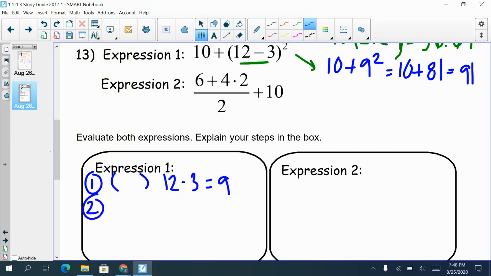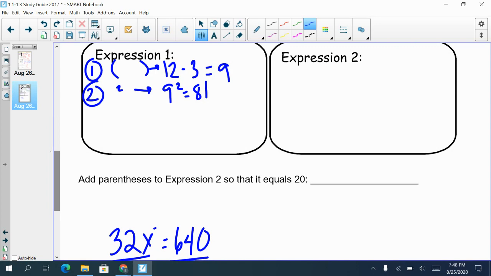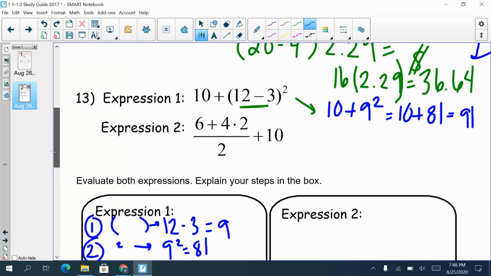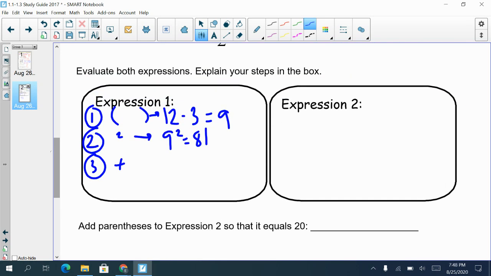Step 2, we did the exponents. And in the exponents, we did 9 squared, which is 81. And then we added 10 plus 81, which equals 91.